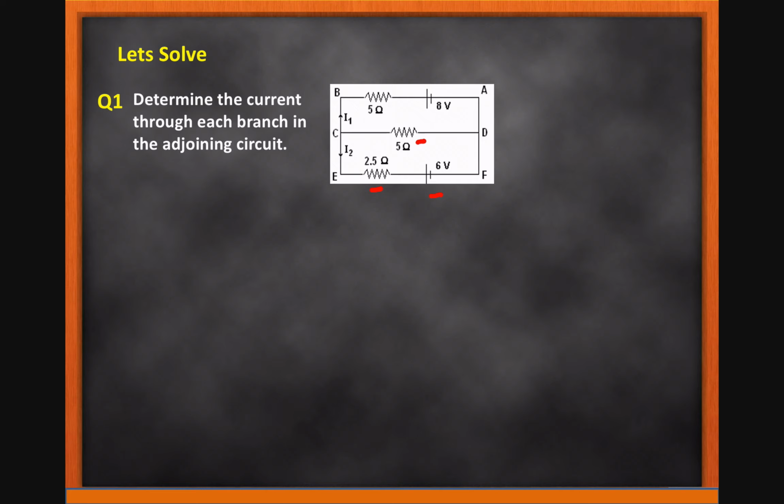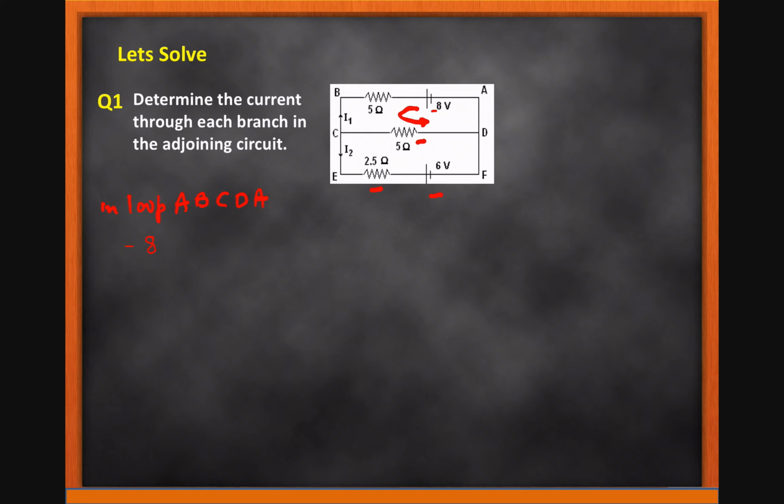So take the first loop, loop A, B, C, D, A. In this loop there are three elements: one battery, a 5 ohm resistance and a 5 ohm resistance here. So the equation as per Kirchhoff's law is minus 8. Why minus 8? Because the negative terminal comes first here.